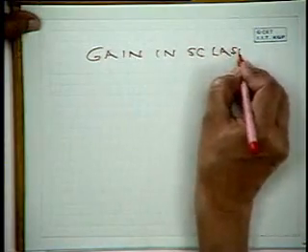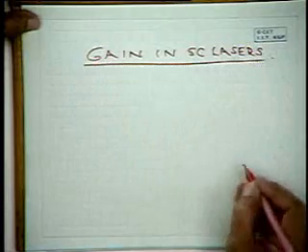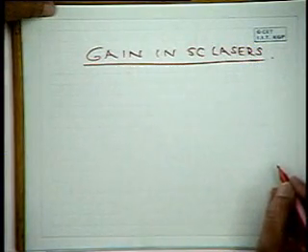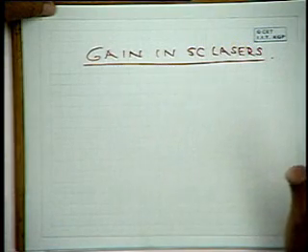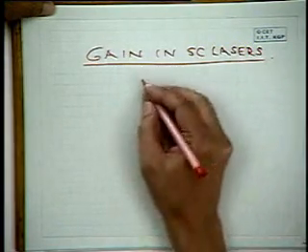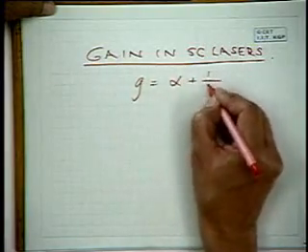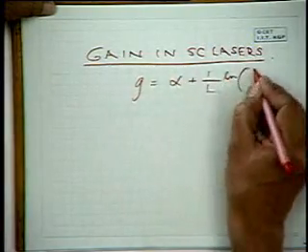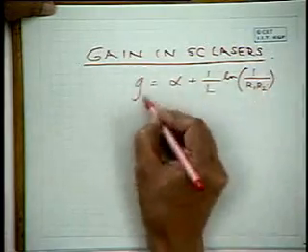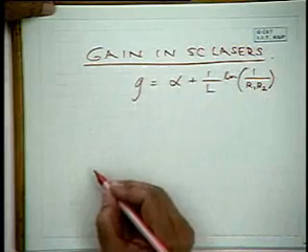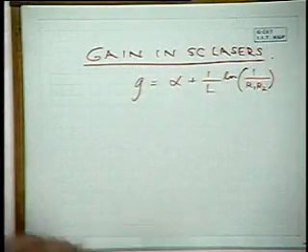And in the discussion of the threshold current density, obviously the losses must be offset by the gain. Okay, so there was a relation G is equal to alpha plus 1 by L log 1 by R1 R2. Okay, so we want to calculate this gain in a semiconductor laser, and gain comes from stimulated emission.